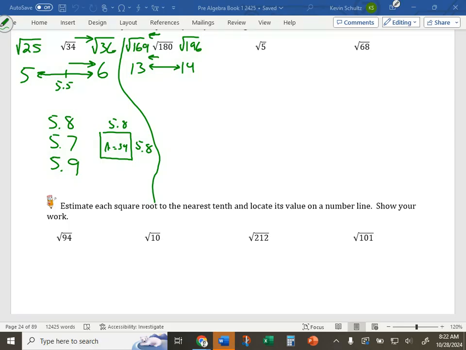Okay? Now if this was our middle point here, here's 13.5. We know it's on this side, less than 13.5. Is it like 13.1? Is it really close to 169? Or what would you think? It's kind of in the middle, so maybe 13.4, okay? It's not 13.5, because it is definitely closer to 169.